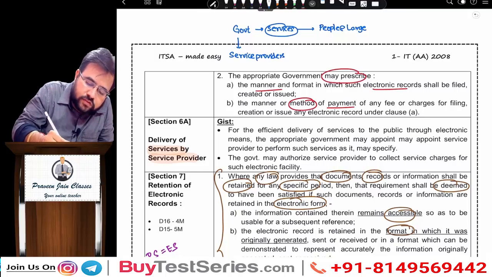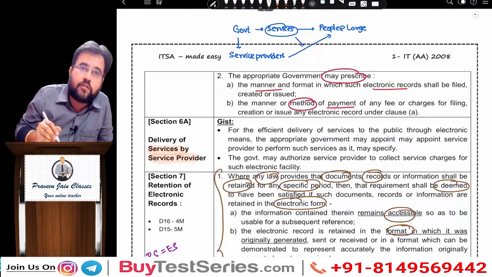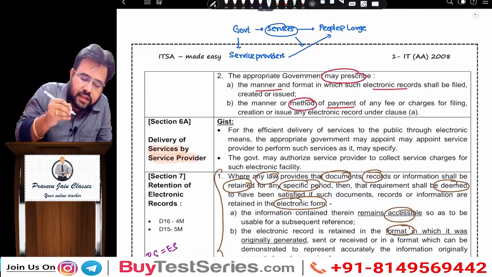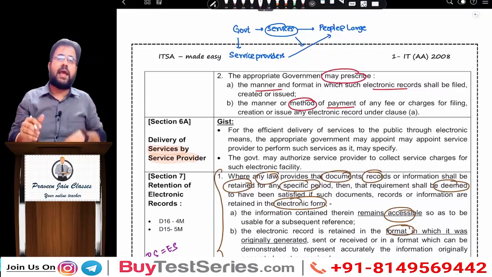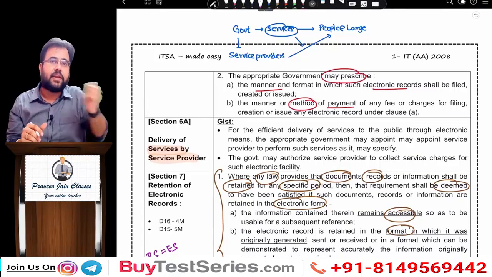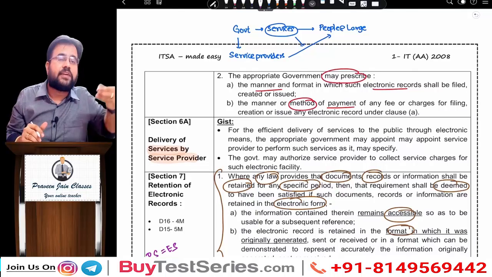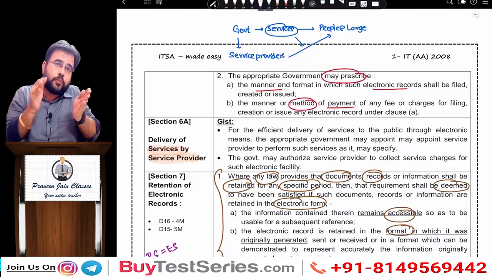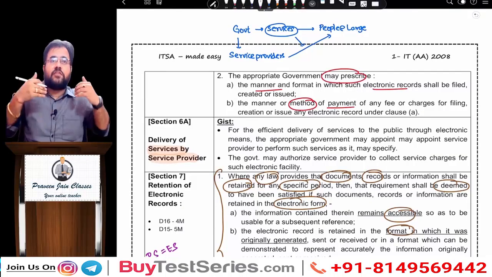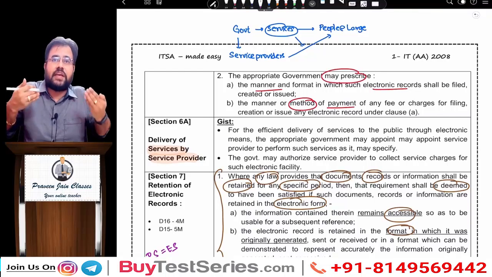Those service providers will provide those services which government was otherwise earlier providing. In other words, government has appointed some intermediaries to provide those services which government should have given to whom, sir?